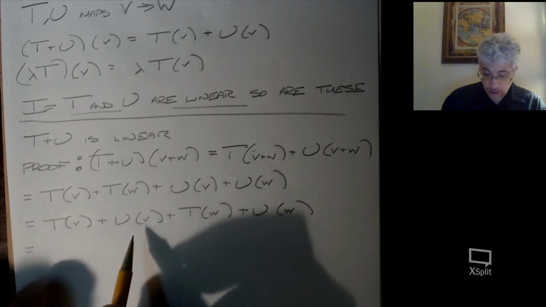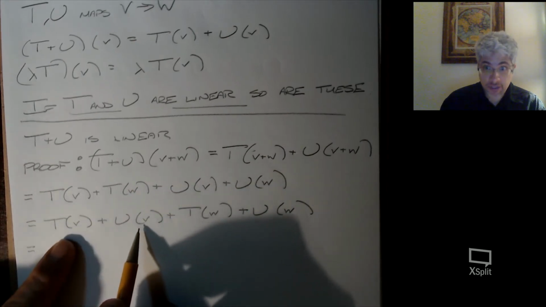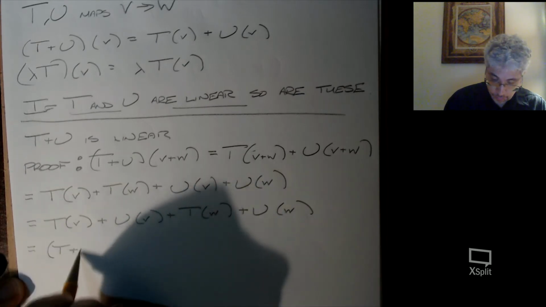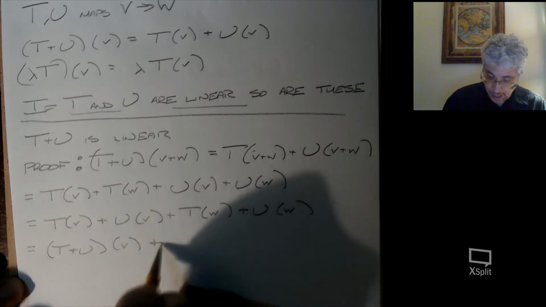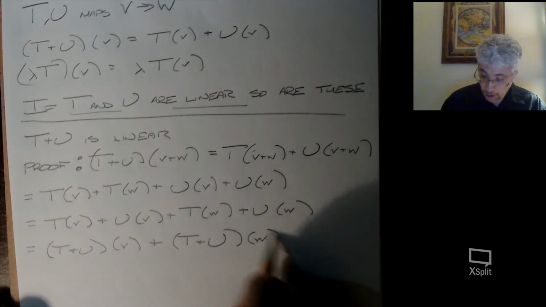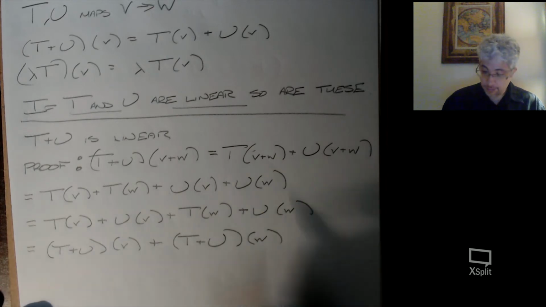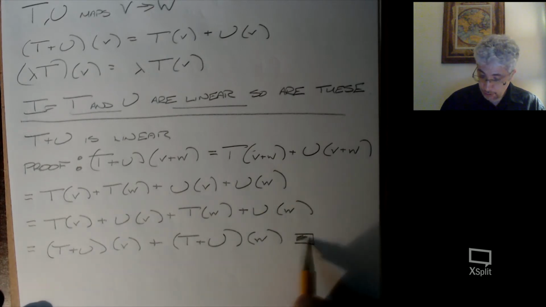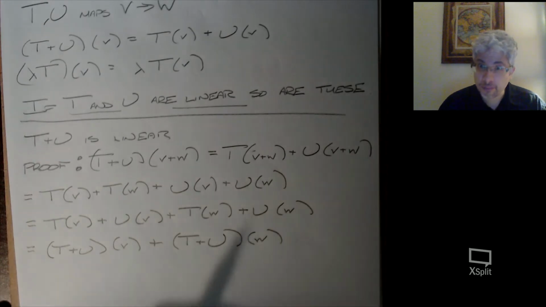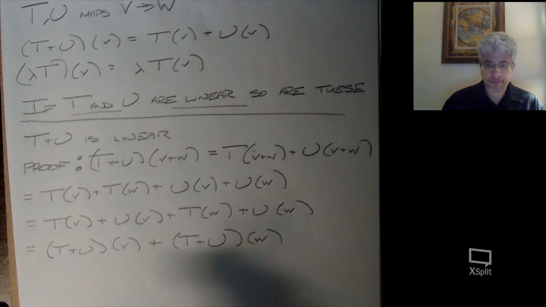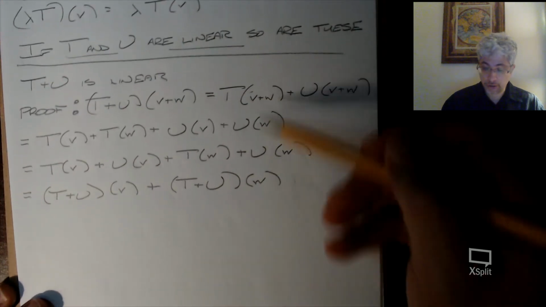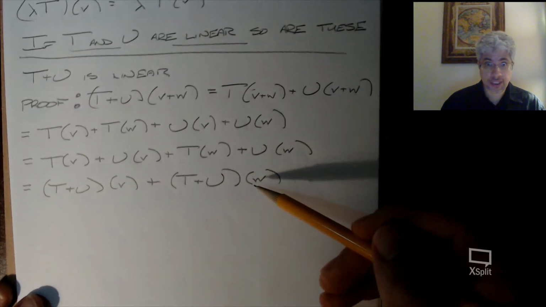Well, this is the definition of (T plus U) of v, and this is the definition of (T plus U) of w. So that completes the proof. Oh no, I want to show it's linear. That completes the first part of the proof. I'm doing both parts here. So let's move on to the next part, but as an exercise, make sure you can go through these steps and see what's used at each point.